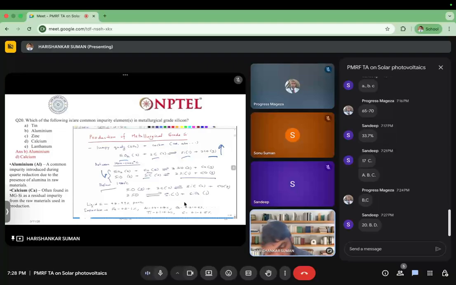This is the temperature. Liquid silicon you will get, then the impurity Fe. Aluminum is 0.4 to 0.7%, and this is 0.2 to 0.6%. Okay, so this is the highest impurity you will get.